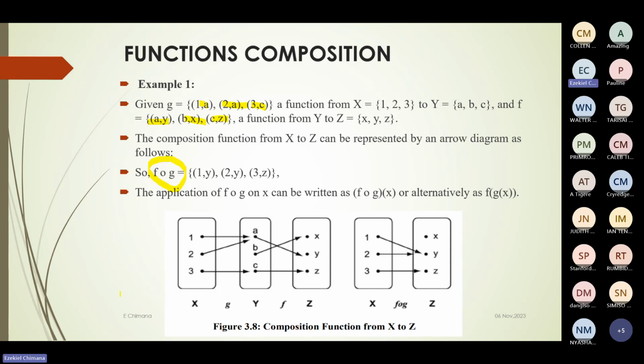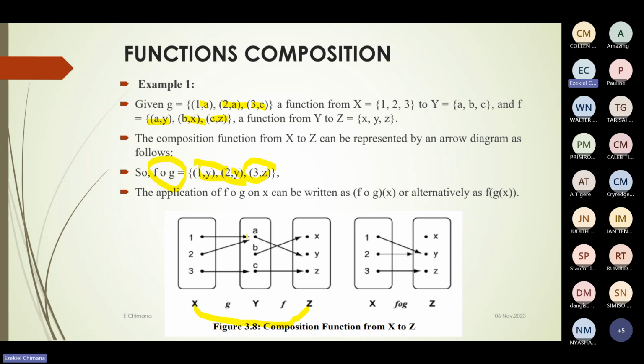Whenever you want to go from X to Z, if we put this A at this X, we are going to get the value of Z, which is this Y. So we have 1 and Y, 2 and Y through A, and you can also have 3 and Z through C, right?